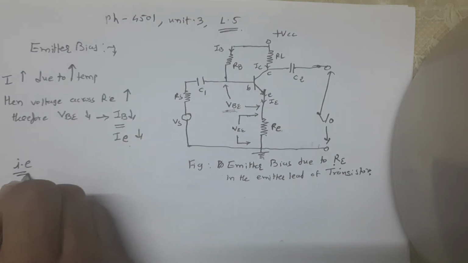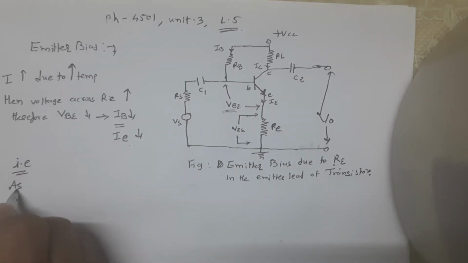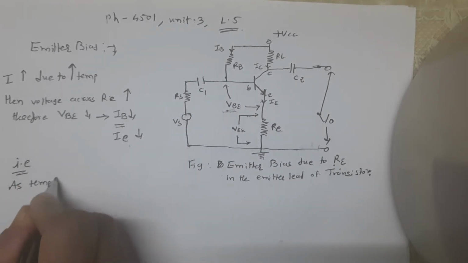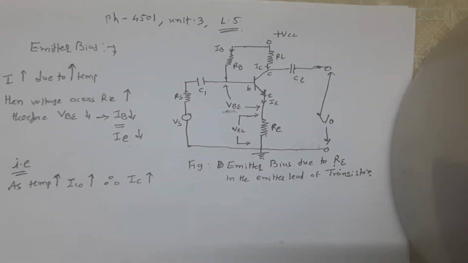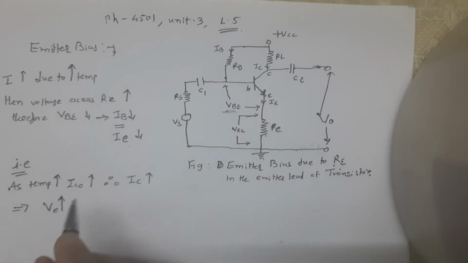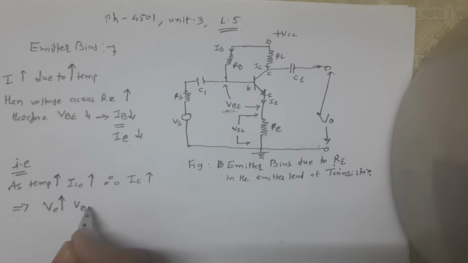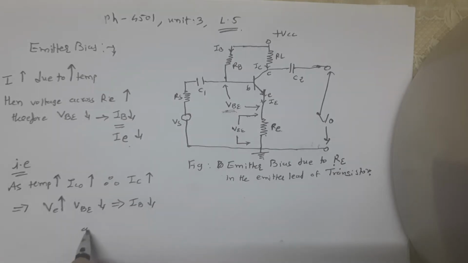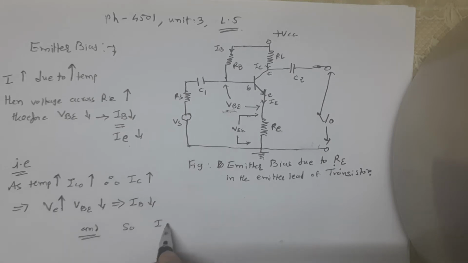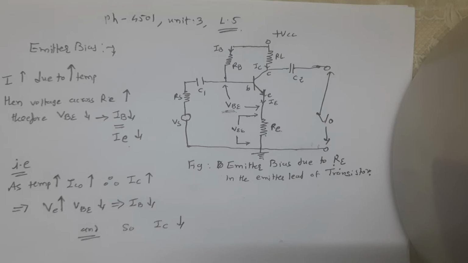That means we can write that as temperature increases, then ICO increases, therefore IC increases. So VE also increases. That means VBE decreases. Therefore IB also decreases, and so IC decreases. This compensates the change in the temperature value.